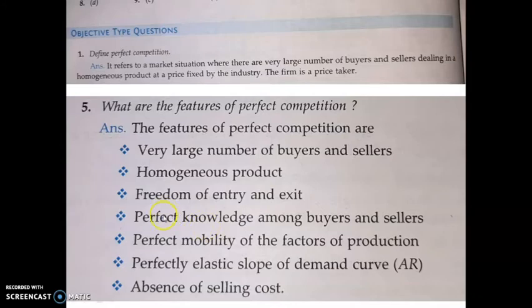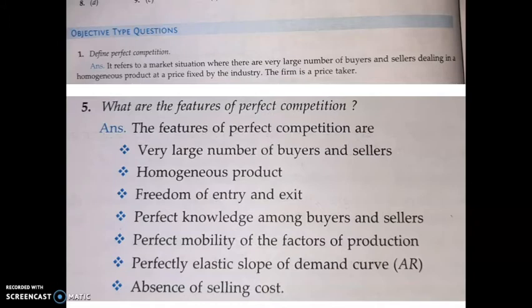Then, perfect knowledge among buyers and sellers. Since the seller is selling a homogeneous product, the buyer and seller have perfect knowledge about the market, the product, the price of the product and the quality of the product, and all terms.